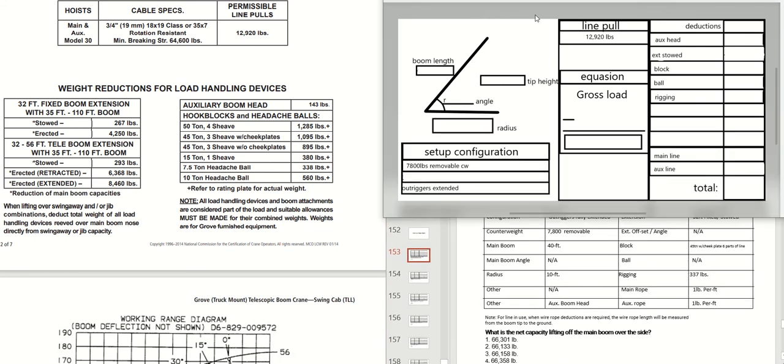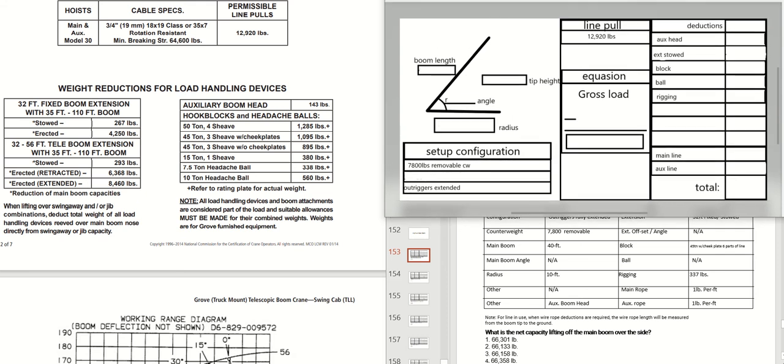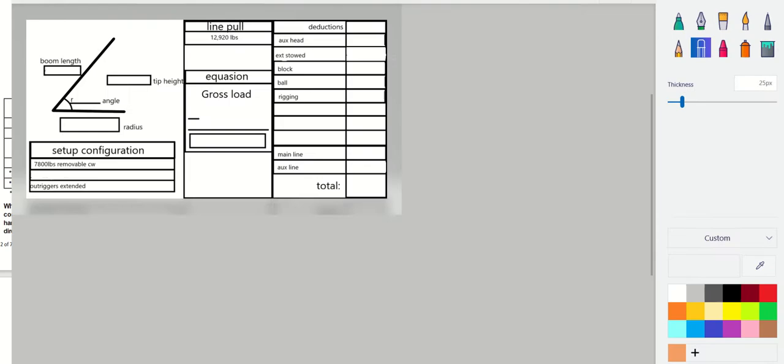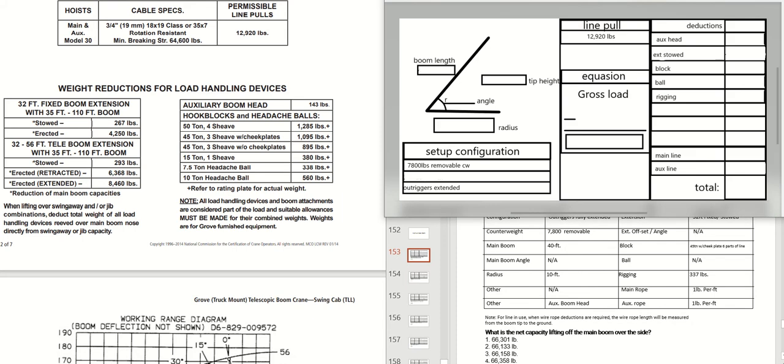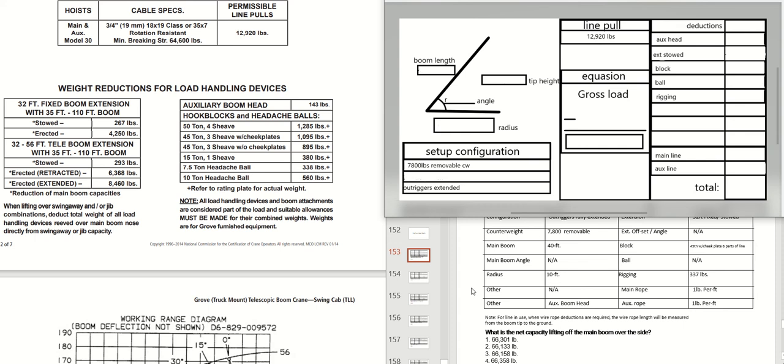So we're going to figure out what the question is asking, and we're going to take all the information down and fill in our little chart over here on the top right corner.